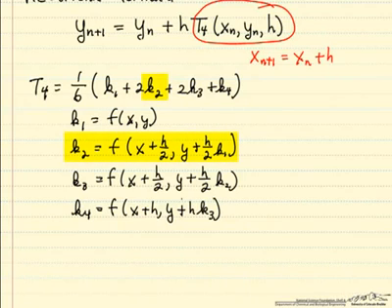K2 is the function evaluated at x plus half the step size, and y plus half the step size multiplied by K1. K3 is very similar, except it uses K2 here, and then K4 is evaluated at the full step size, and K3 is here. And so this gives us a better approximation than, say, the Euler method, which just used the function at the previous point.